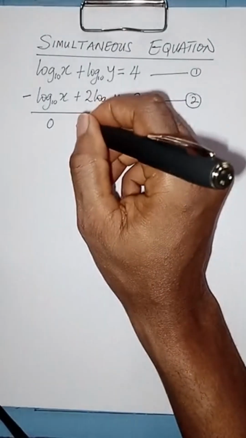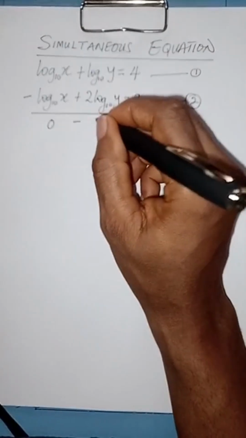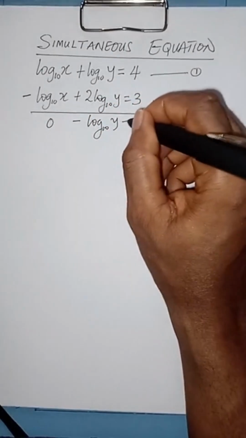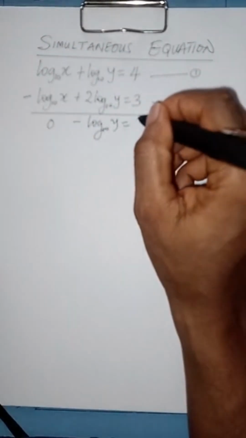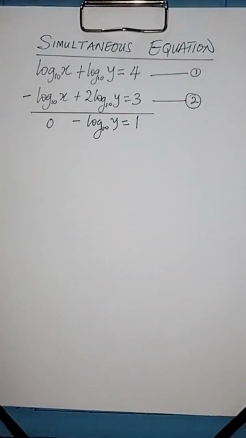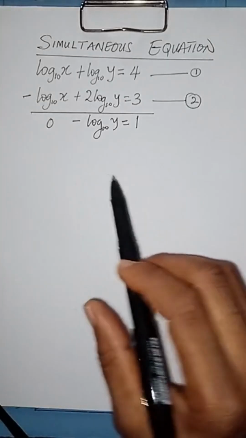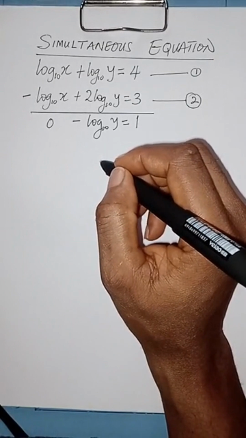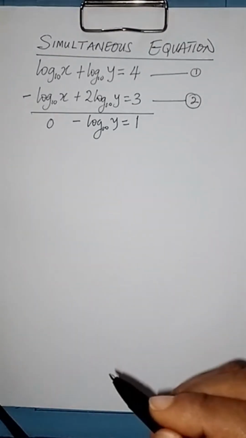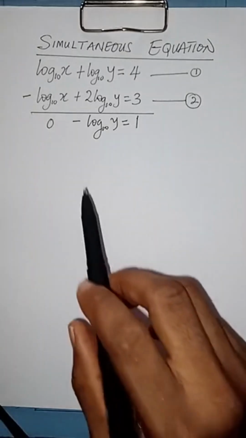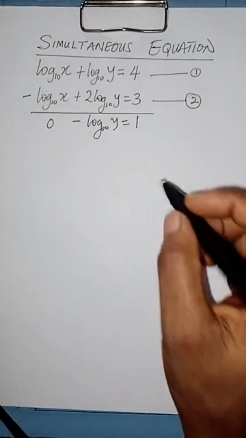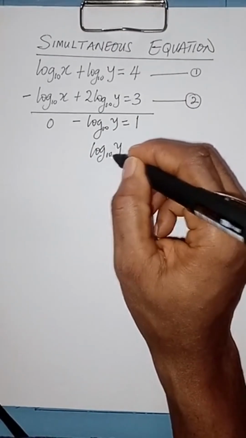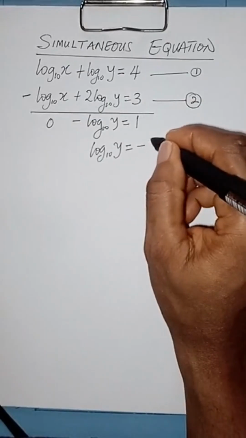So the answer here will be minus log y to base 10 equal to 4 minus 3, which is 1. The next step is to divide both sides by the coefficient of log y to base 10, and the coefficient is minus 1. So log y to base 10 will be equal to minus 1.